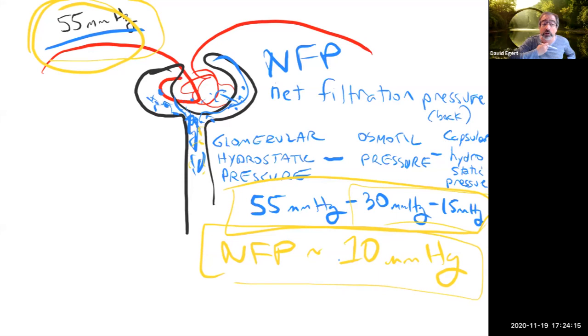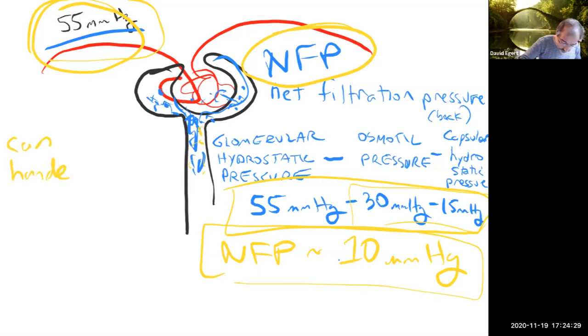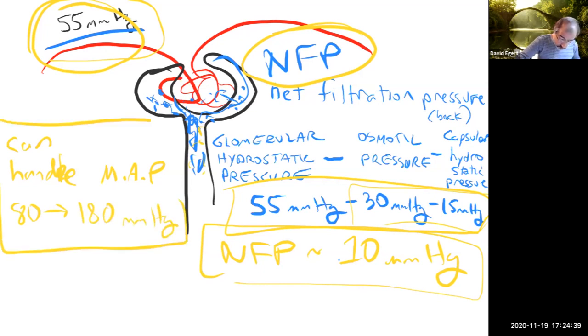We're going to talk a little more. You have ways to adjust this net filtration pressure over a wide range of blood pressures. If your blood pressure is pretty low or pretty high, we're going to talk about different ways that the system has to adjust this net filtration pressure to make sure that it's in the adequate range.